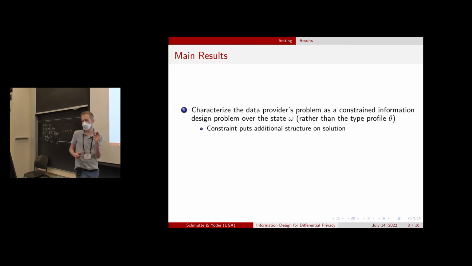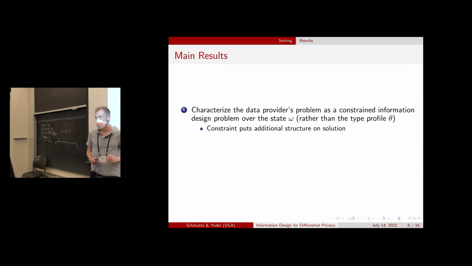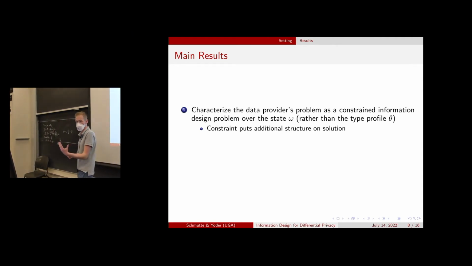Now, I'll return to this example throughout the talk to illustrate our 2 main results. And our first main result shows how to use tools from the information design literature, so representing the signal as a distribution of posterior beliefs, and then concavifying a value function over those beliefs to characterize the problem.